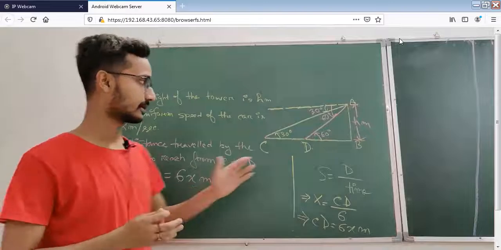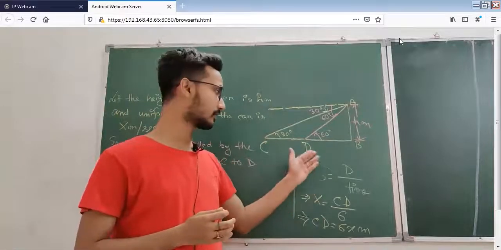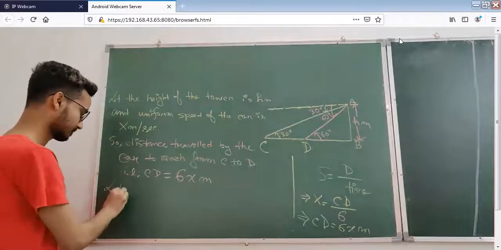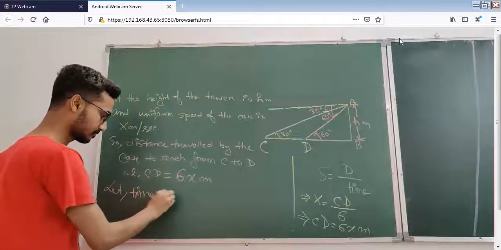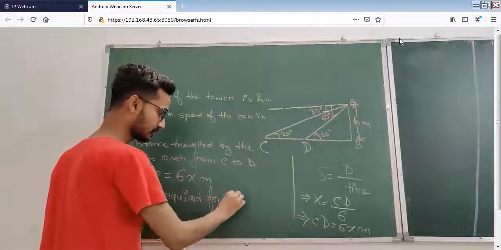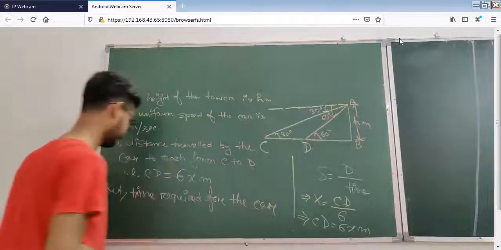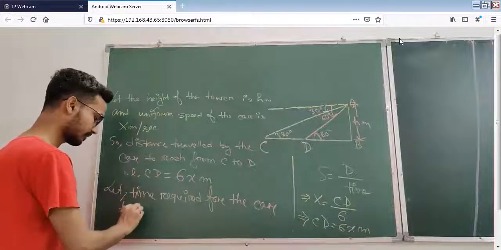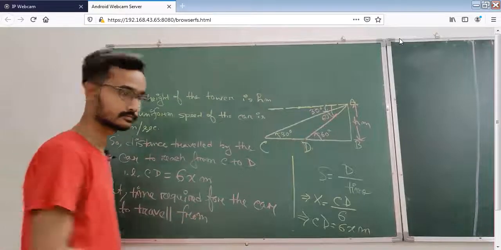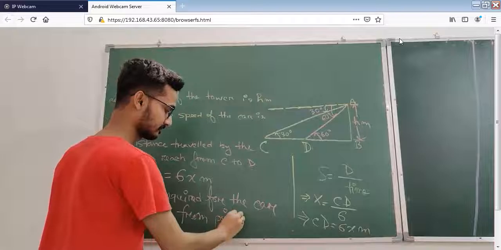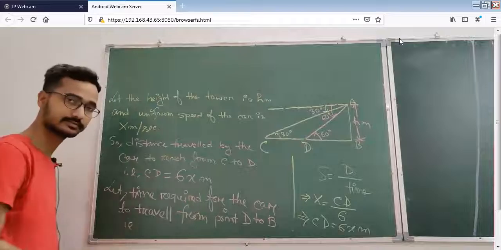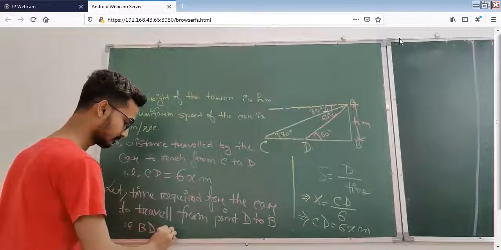Now, let the time required for the car to travel from point D to point B, that is BD, equal t second.